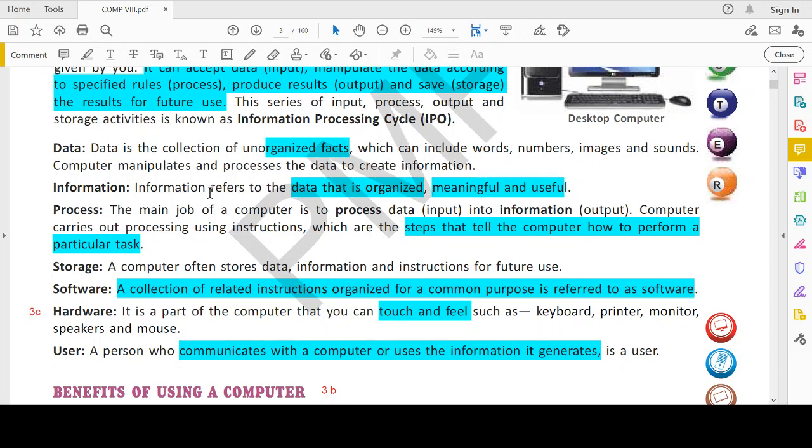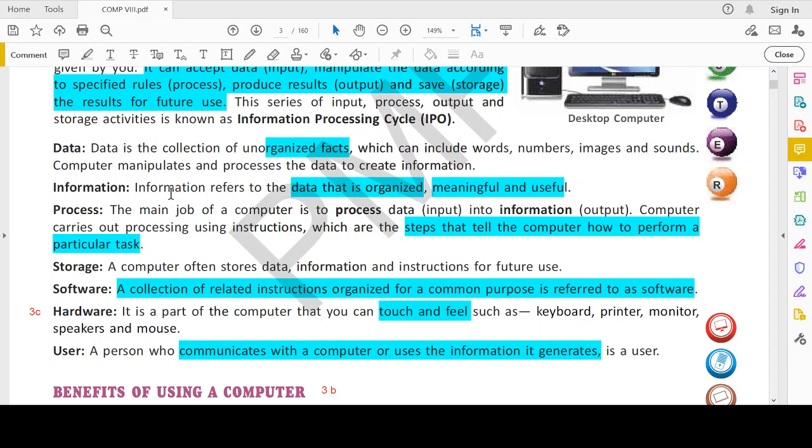For example, if I take the names of all the students of class 8 and then I arrange them in alphabetical order, then I will be able to see how many students have a name beginning with the letter A, how many names begin with the letter B, or how many of you are of age 12, how many of you are of the age 13, like this.